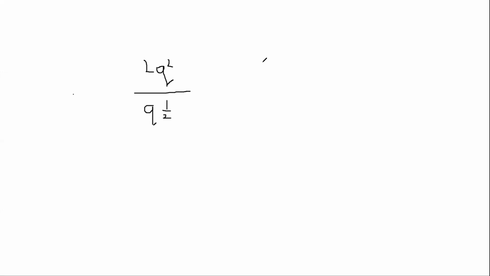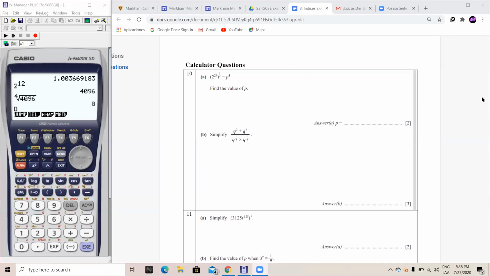So the final answer would be 2q, and now we subtract the indices, which is 2 minus 1/2, would be 3 over 2, so 2q to the power of 3 over 2, and this is your final answer. Okay. Now scroll down, please.